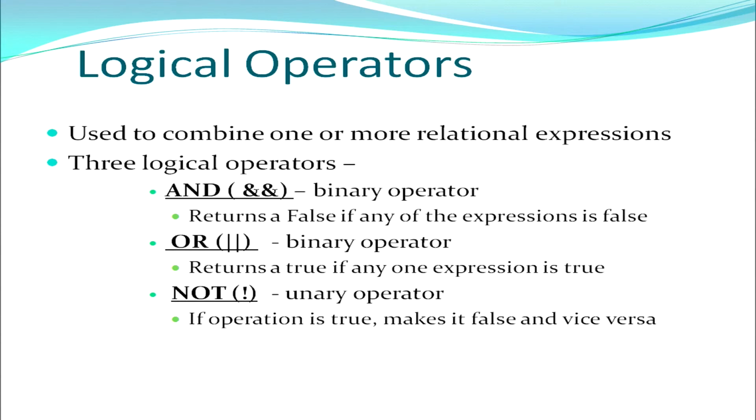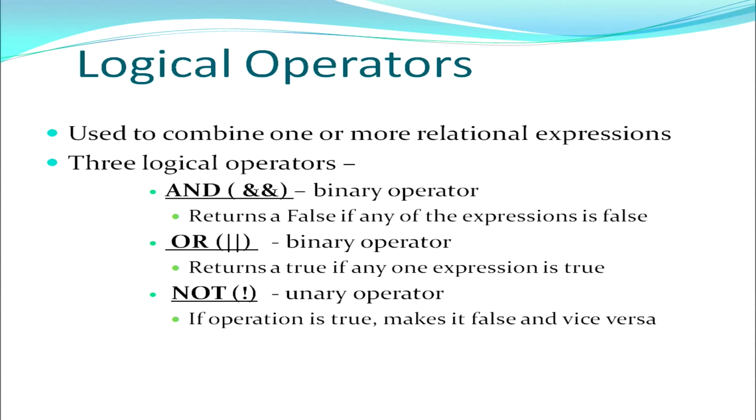If any one of them is false, the final result will be false. On the other hand, the OR operator returns a true if any one expression is true. Say A is greater than B or A is greater than C, the output is true. And finally, the NOT operator reverses the output, means if the operation is true, it makes it false. If the operation is false, it makes it true.